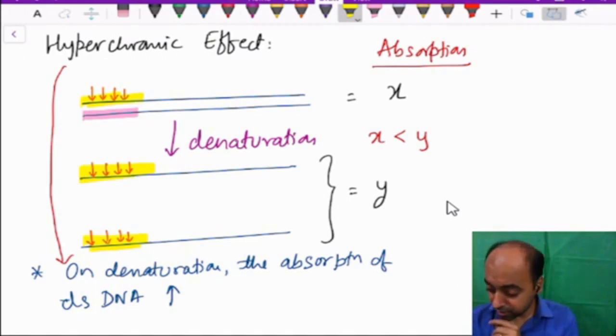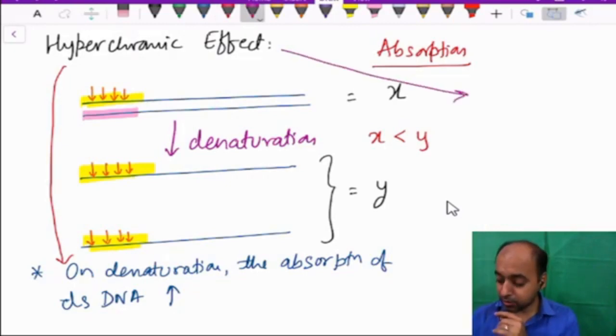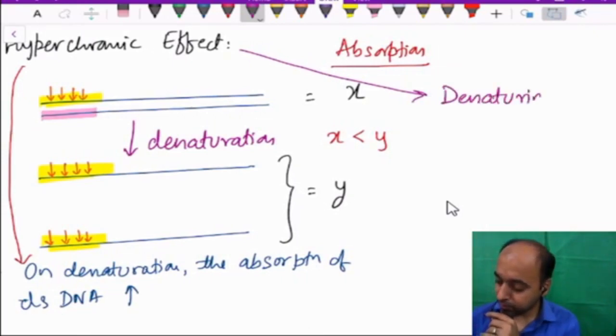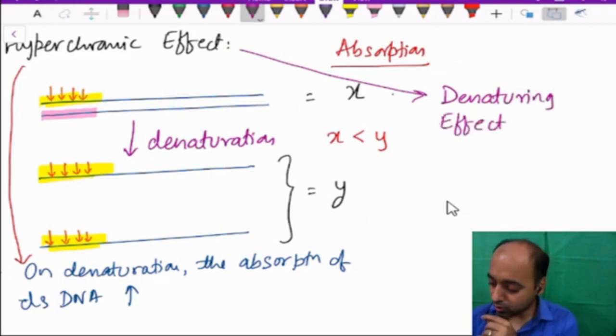This hyperchromic effect can be used to determine the denaturing effect of various molecules, or it can be used to determine the melting temperature, the temperature at which the two strands of DNA will separate.